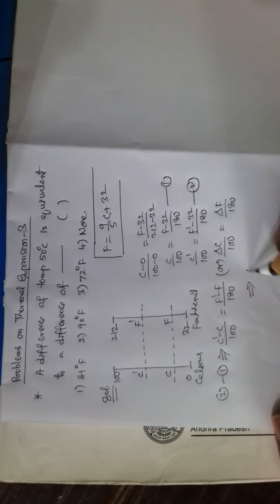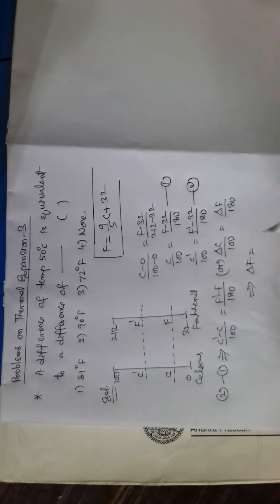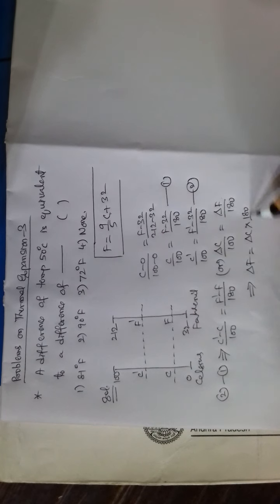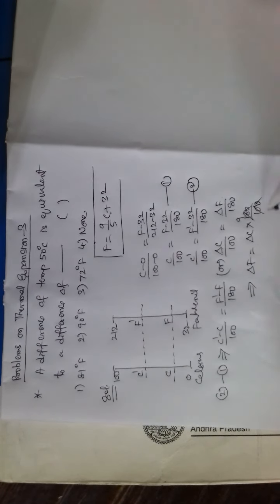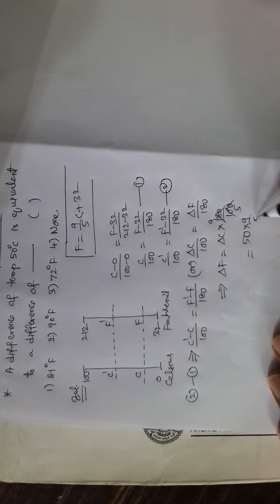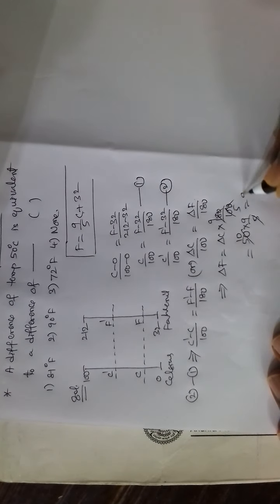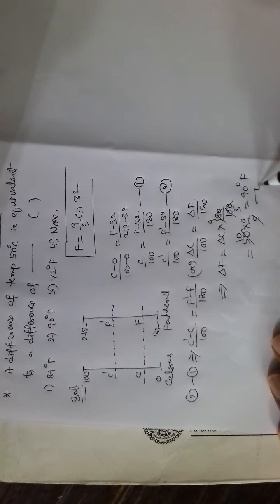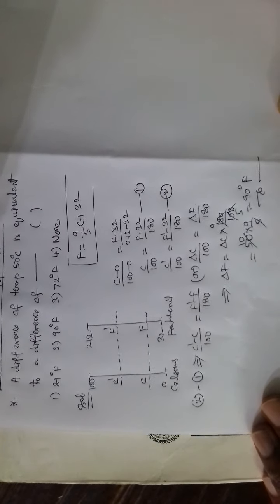From this, Fahrenheit is equal to, take this 180 this side, delta C into 180 by 100. Delta C given 50 into 180 by 100, that is 90 degrees Fahrenheit. This is the answer.